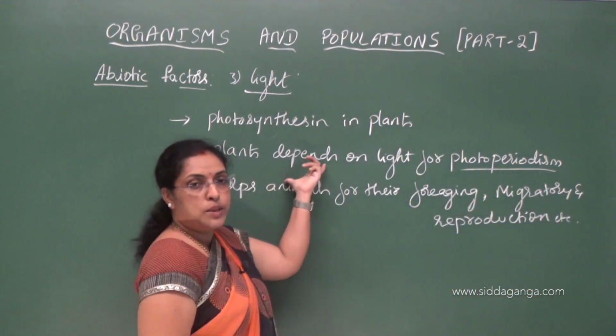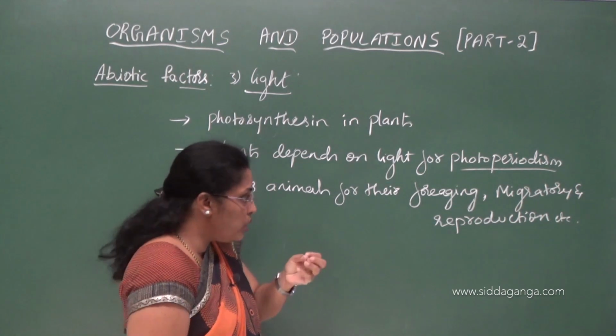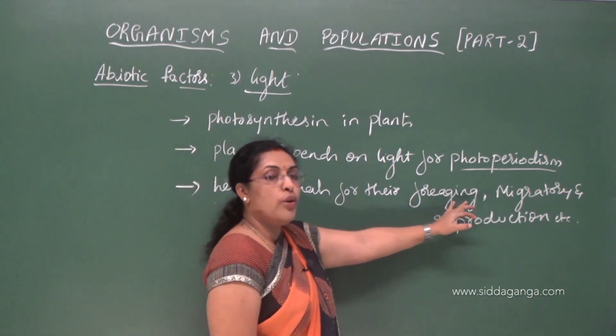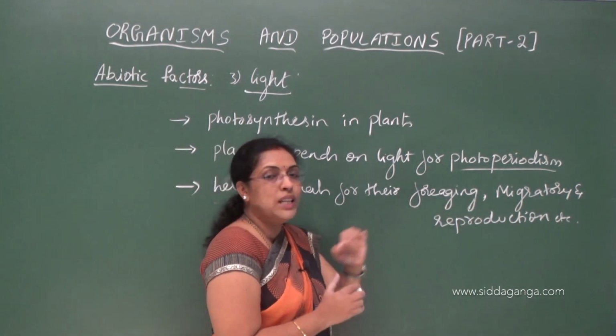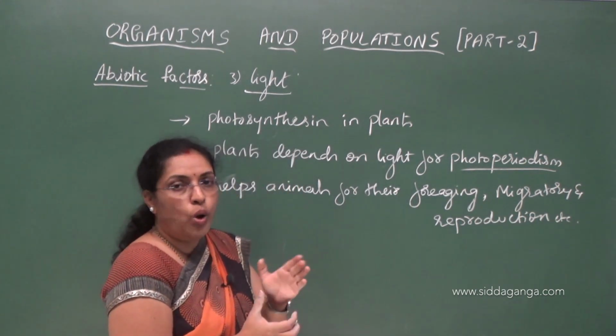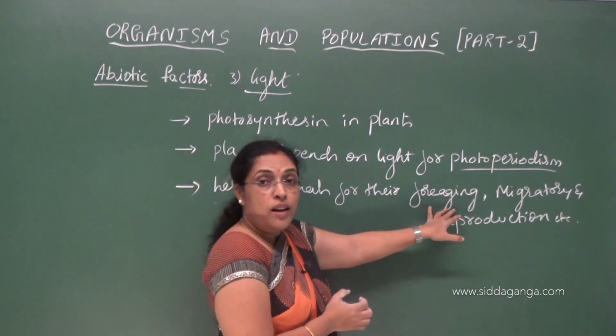So light mainly gives cues to the animals for the foraging activity. Forage means in search of food. They will go in search of food in the presence of light.